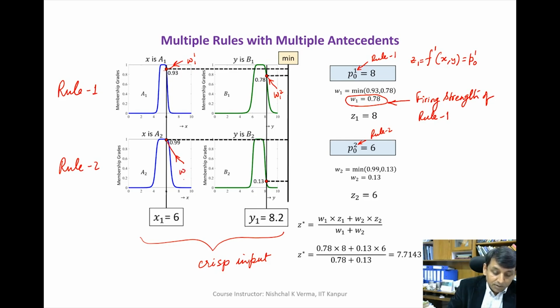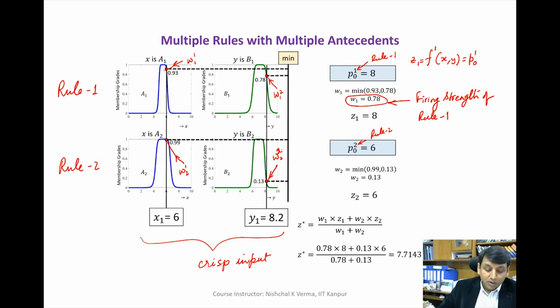Similarly, on the same lines, when we use rule number 2, we find the intersection point, let's say W21 for the second rule, first antecedent. And for y1 equal to 8.2, we write W22, which means second rule, second antecedent.